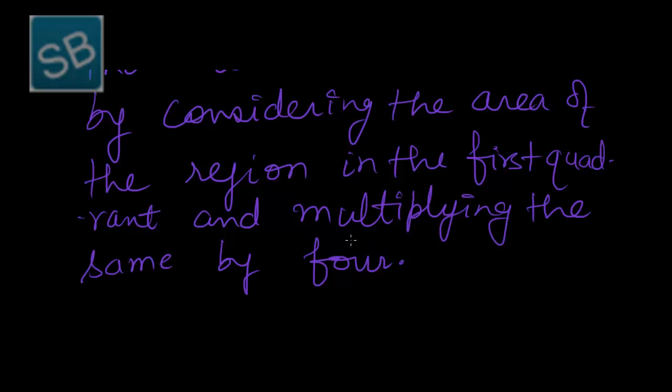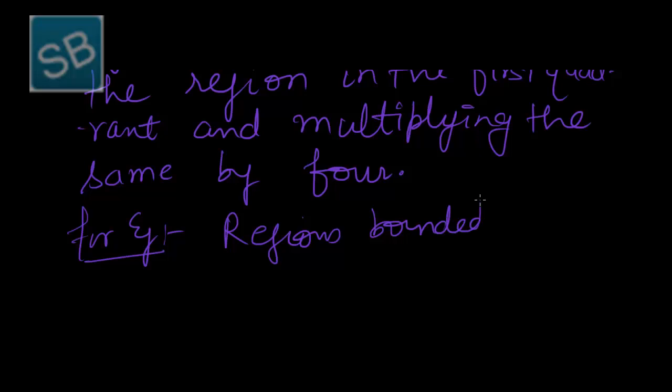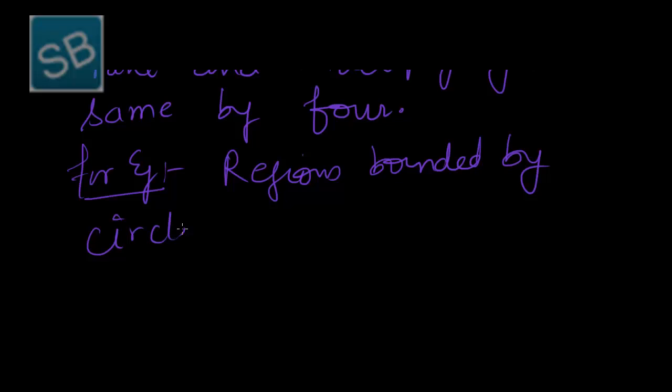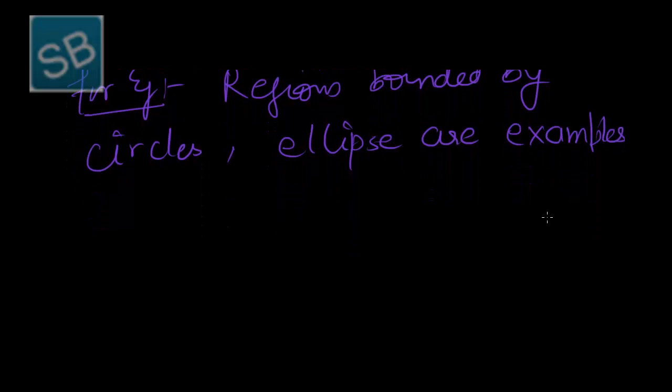That is, 4 times the area lying in the first quadrant is the area of the given region. For example, the region bounded by a circle or an ellipse are examples of this type.